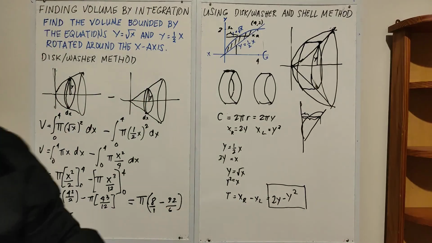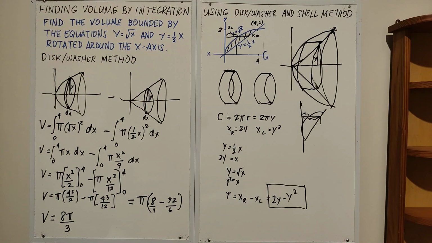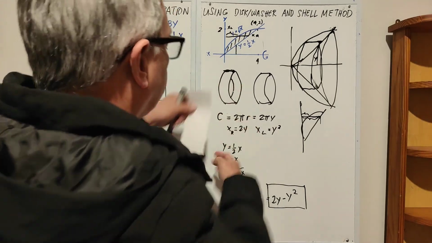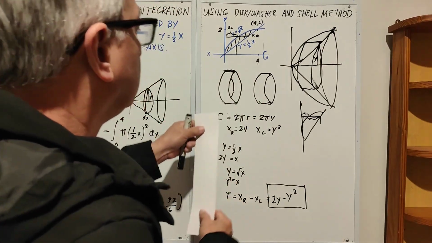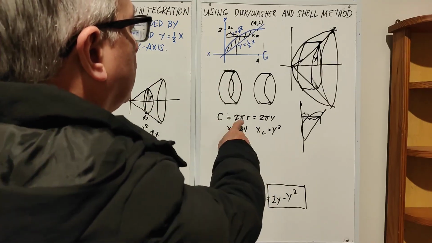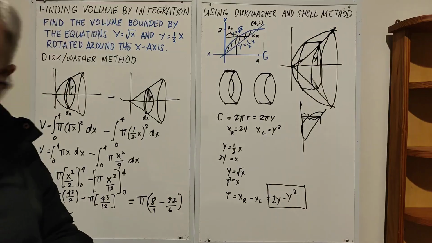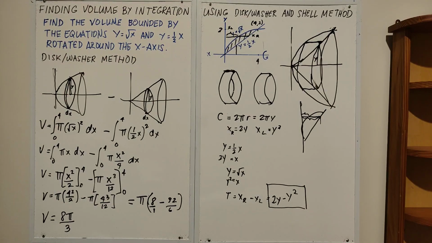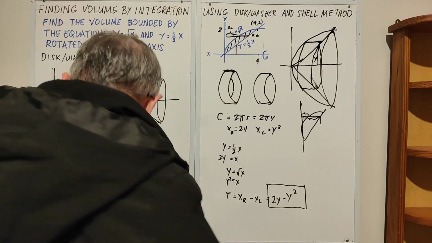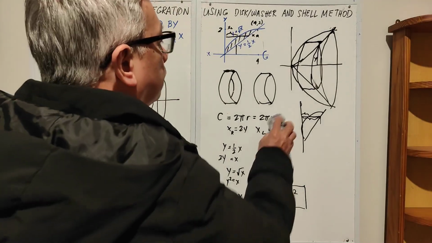And then multiplied by the length, which is equal to the circumference, which is 2 pi r. Okay, so we can now solve for the volume.